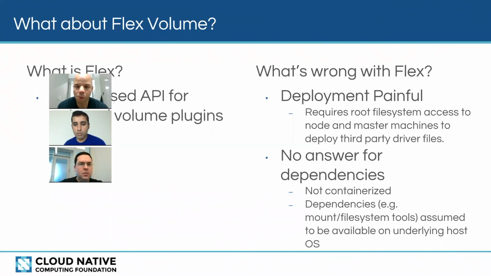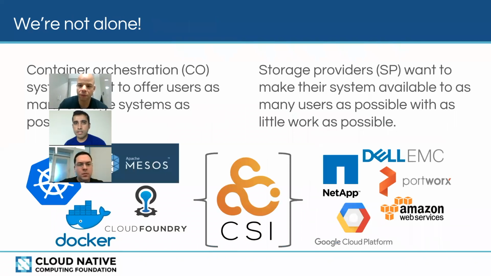Things like mount tools, file system tools. Ultimately, what we want to be able to do is get away from that model and be containerized, so that you could easily deploy new volume plugins and all their dependencies.